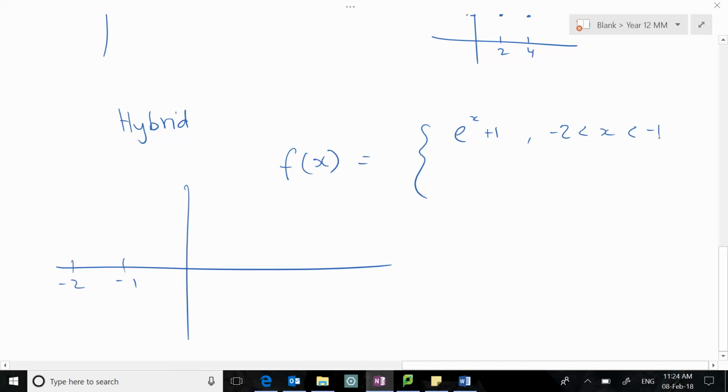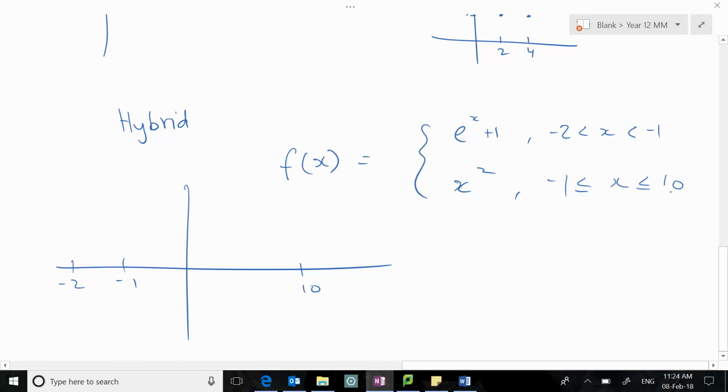And then from -1 to 10, I want a quadratic, x squared. Okay, I can do that.